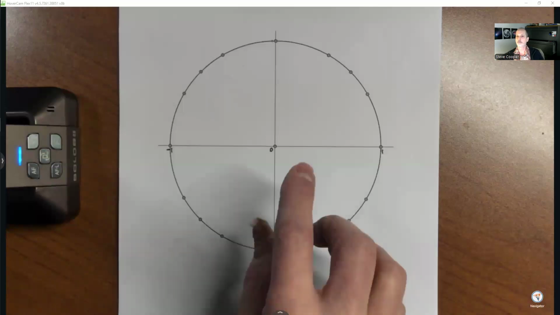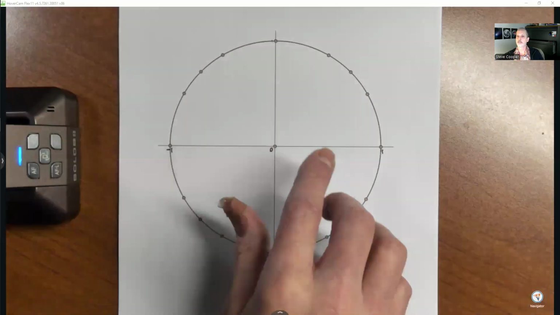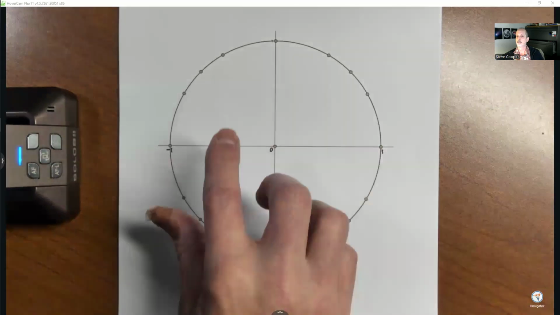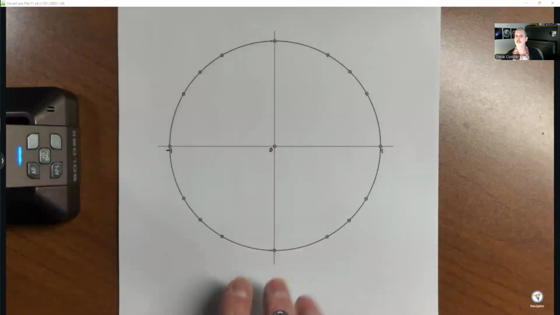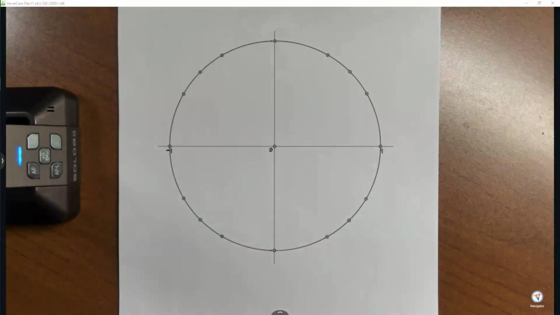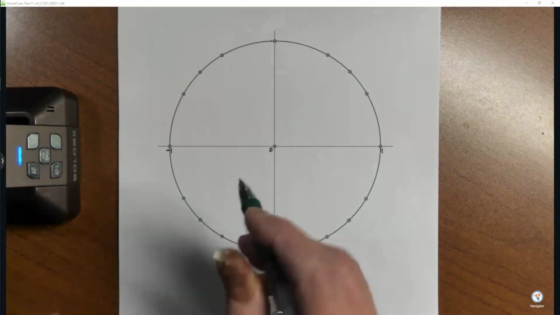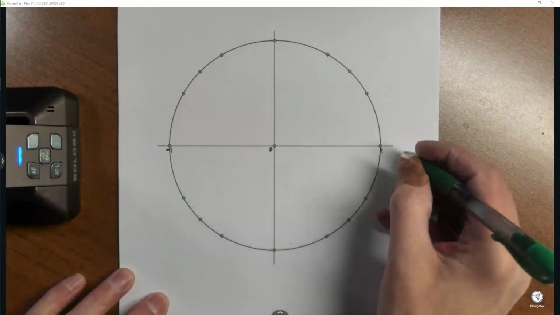And what I want to do is relate our degrees measure to how the unit circle relates the radians measure. So let's start out by just thinking in degrees briefly here.